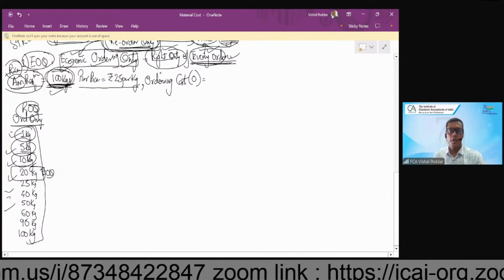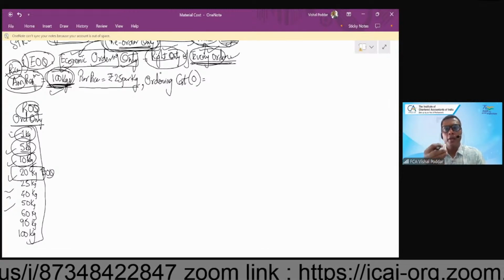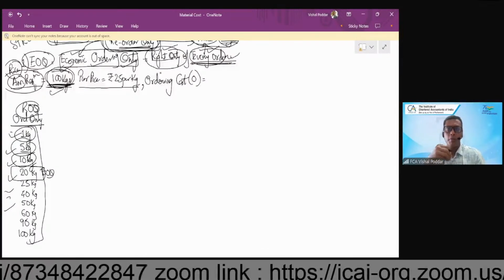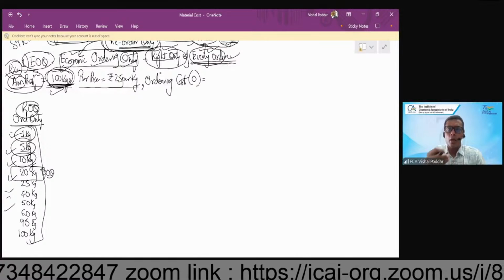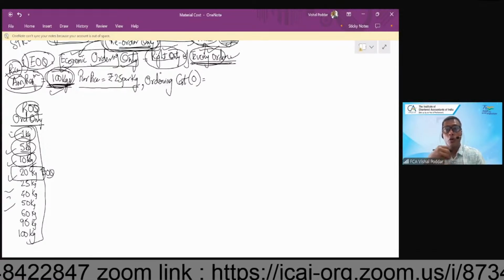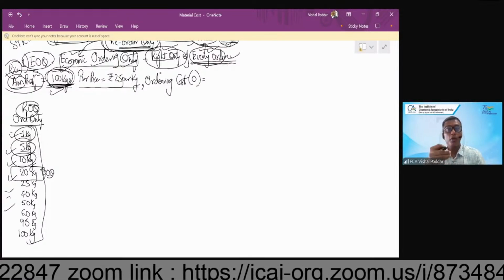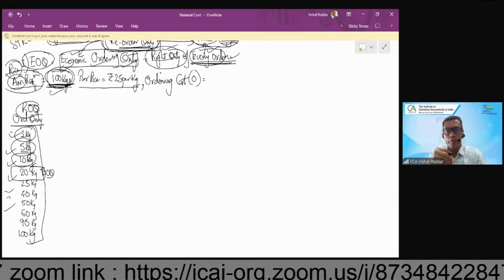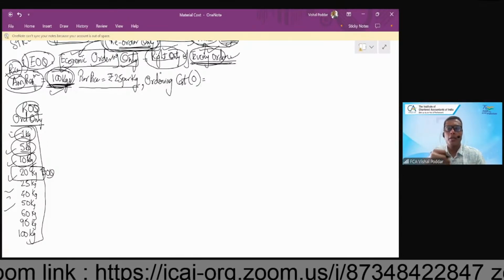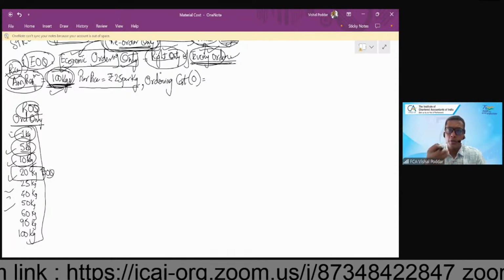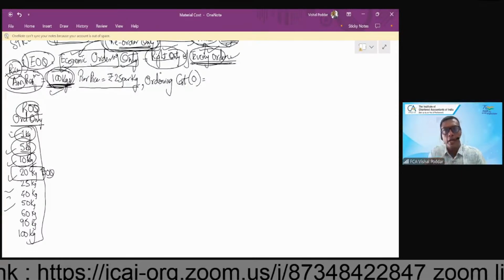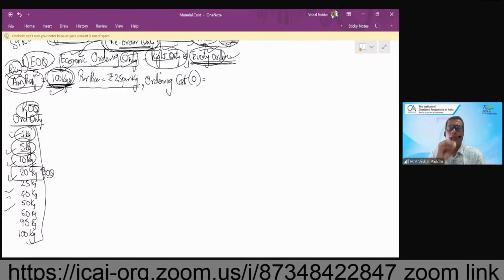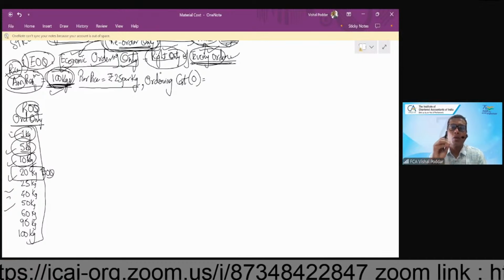What is ordering cost? See, every time you have to place an order, you have to go to the market, you spend some on traveling. Also, that much time is invested in going to the market. Similarly, in a factory or corporate scenario, every time you place an order, there is some process. You generate a purchase order, the purchase order will be sent. All this process incurs some cost.